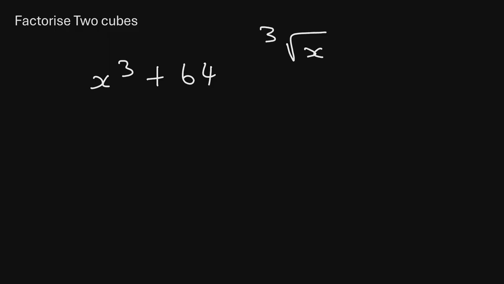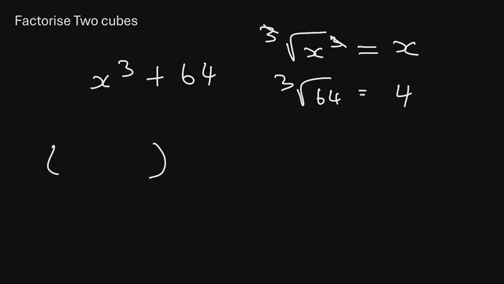The cube root of x cubed is just going to be x. And then now the cube root of 64. Remember, you just punch that in your calculator, and the answer that you get is 4. So therefore, 64 is a perfect cube.